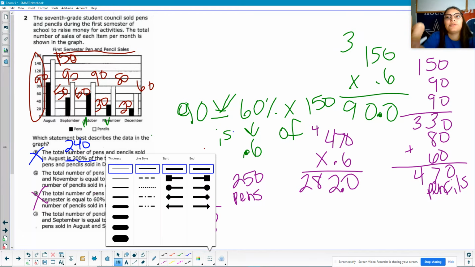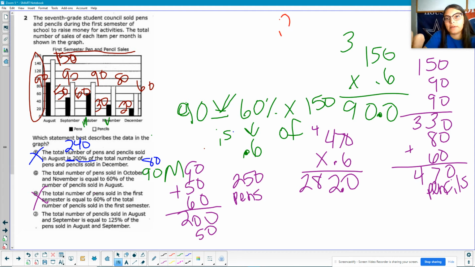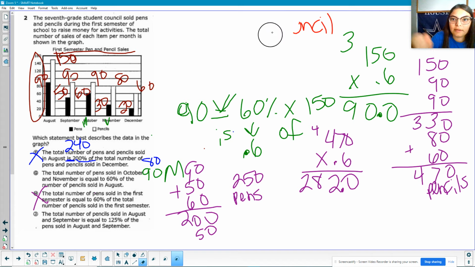So pencils, oops, my hand's in the way. Why is that? Is that like a dead spot there? That did not draw very well. There we go. Oh wait, I just needed pens.